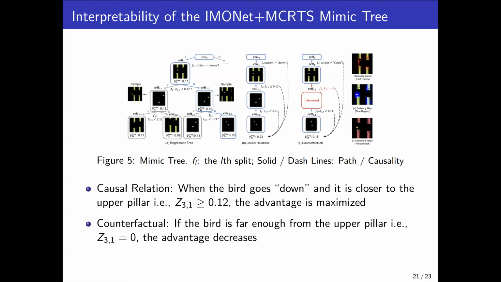Our mimic tree also enables us to perform counterfactual analysis. If the bird is far enough from the upper pillar, which we set the mentioned latent variable as 0, then the advantage decreases, and this analysis further enhances the causal relations.